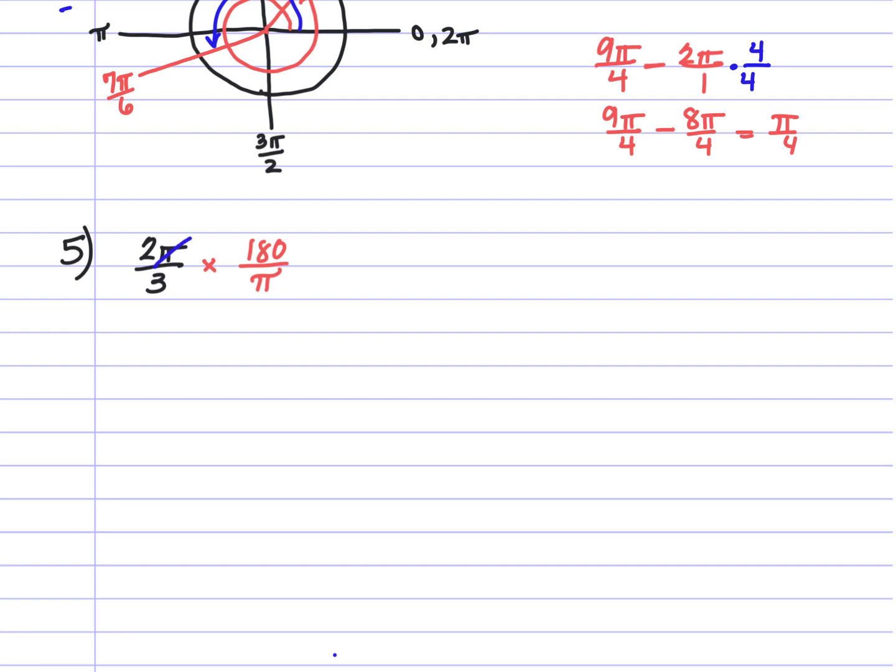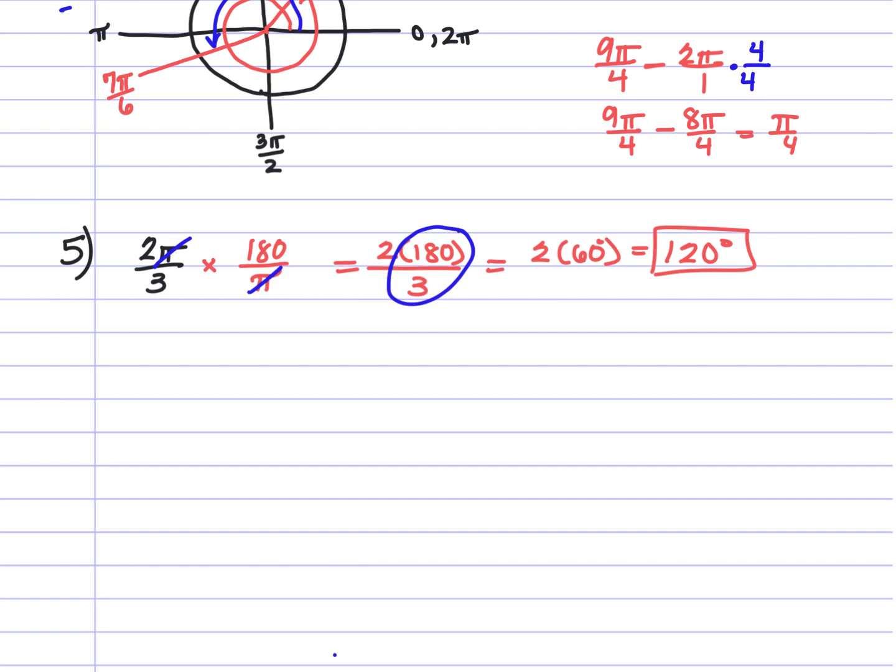Because the pi's are diagonal, I can cross them off. So if we go across, we would have 2 times 180 divided by 3. I can simplify this. 180 divided by 3 is 60. Forgot my degree symbol. So our answer is 120 degrees.